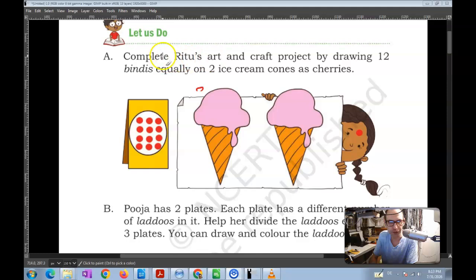So we want to complete Ritu's art and craft project by drawing 12 bindis, which are these dots, equally on 2 ice cream cones as cherries. Again, it's the same type of situation.